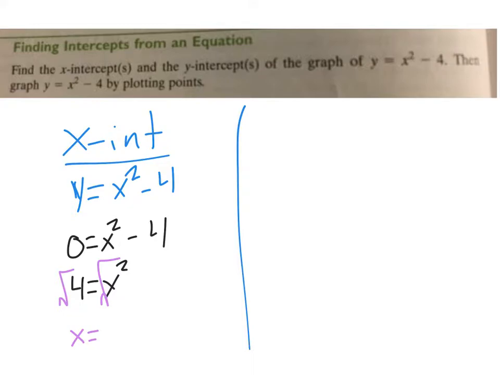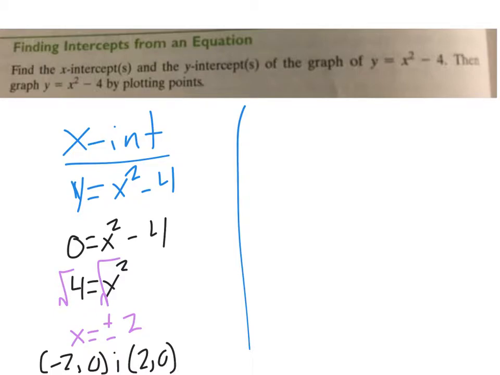Anytime you choose to take a square root, you must always account for the positive or the negative. So this has two x-intercepts at positive and negative 2. So negative 2, 0, and 2, 0. Those are my two x-intercepts.